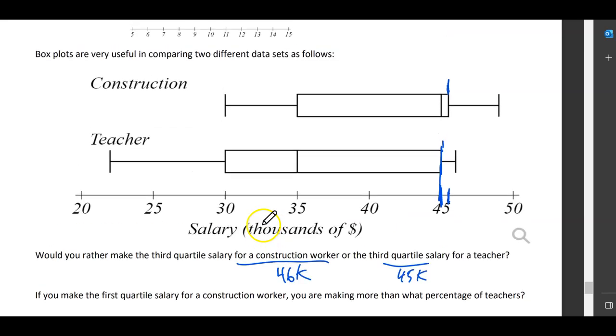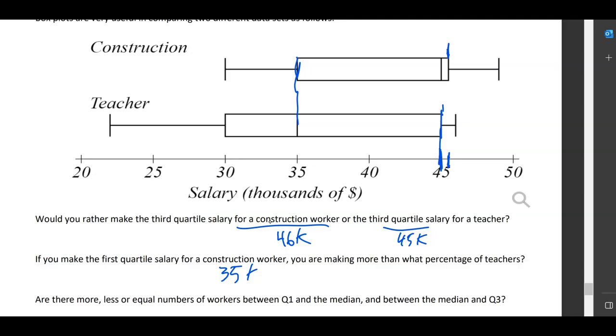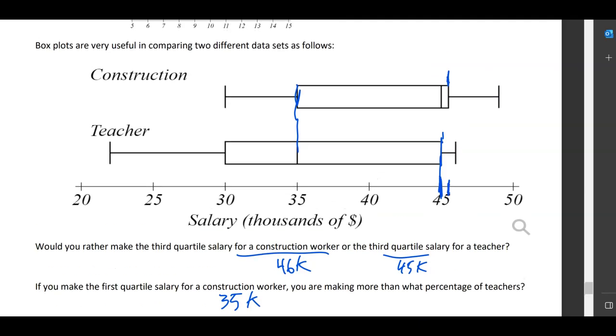If you make the 1st quartile salary for a construction worker, $35K, you're making more than what percentage of teachers? Now, each section is 25% because these are quartiles.